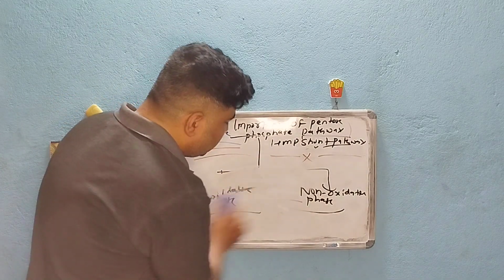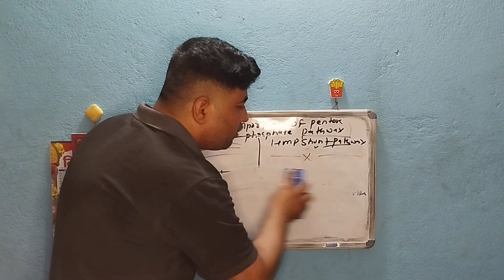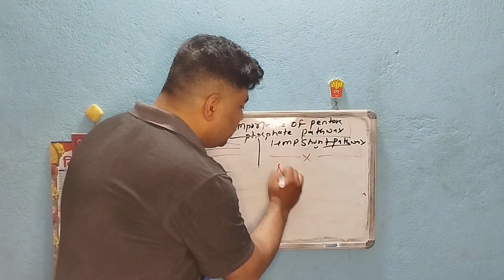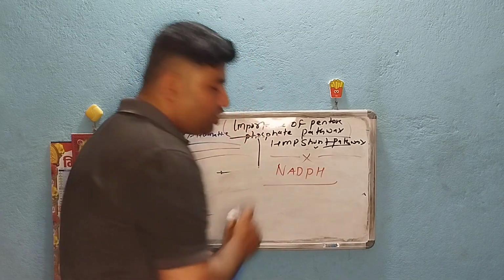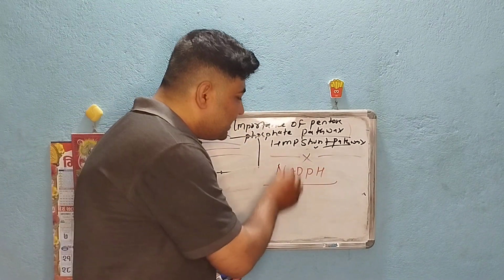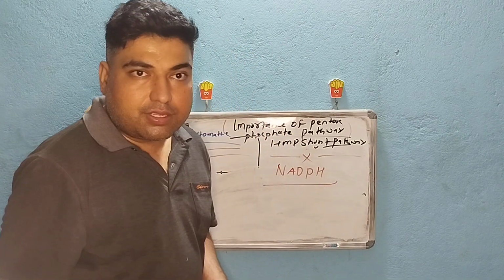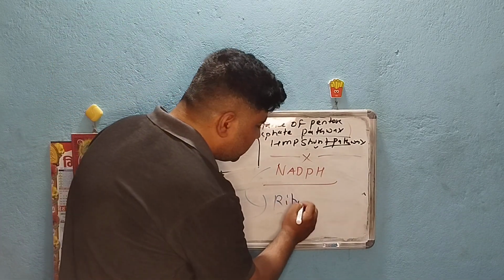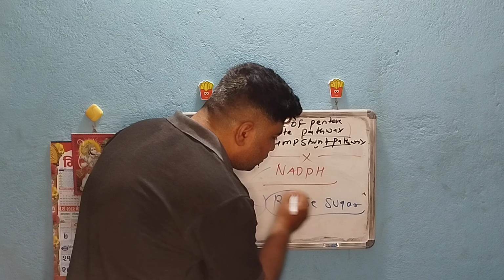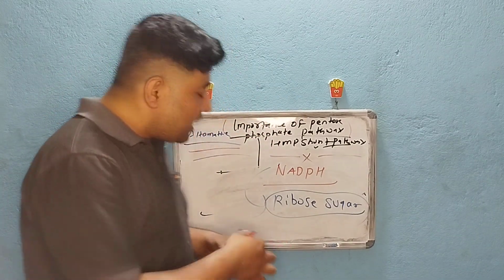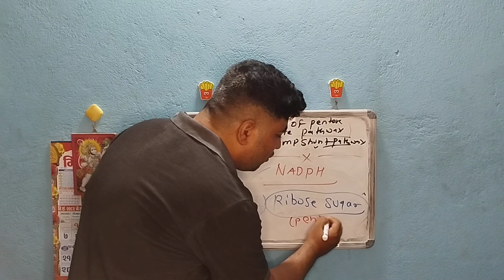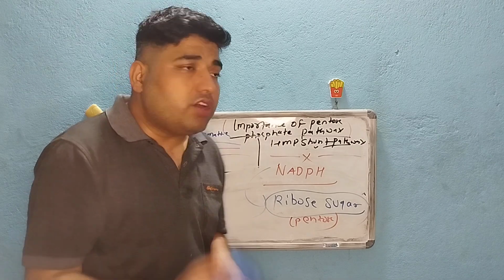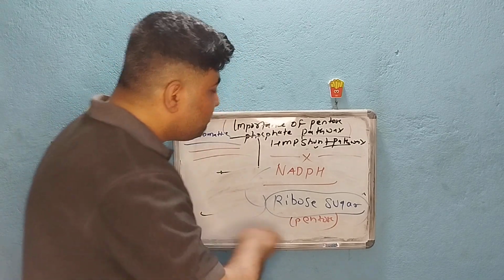It is because in the pentose phosphate pathway there is production of a molecule called NADPH, the nicotinamide adenine dinucleotide phosphate. It is also a precursor for the formation of ribose sugar, which is a pentose sugar and is utilized for the de novo synthesis of the purines.